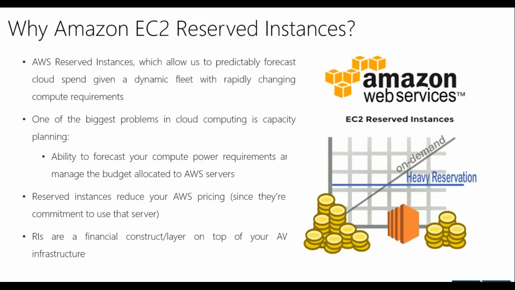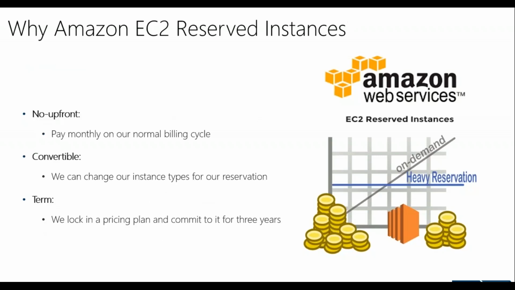Reserved instances are constructed on a financial layer on top of your AWS infrastructure. And the advantage of using reserved instances is there are no upfront charges, pay monthly or in the normal billing cycle. No upfront charges, convertible. We can change our instance types for our reservations.